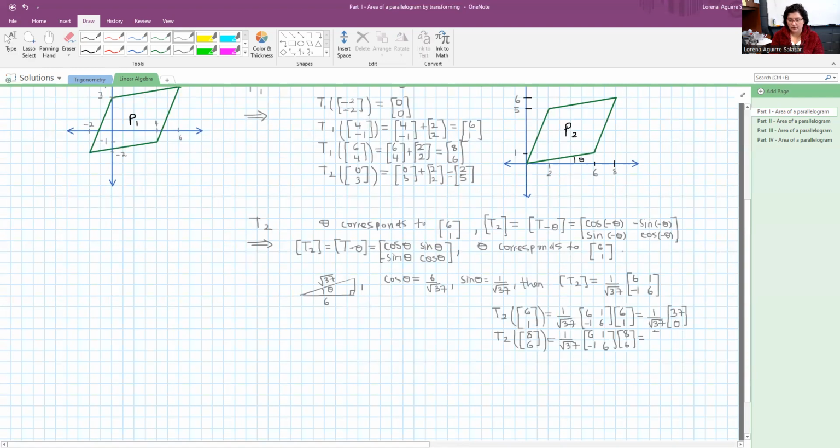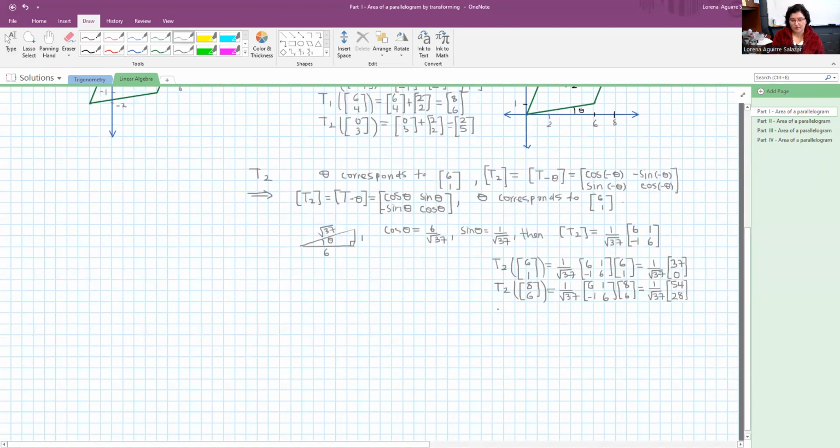And there was a root before, 1 over root of 37 times 54. And the other one is minus 8 plus 36, that's 28. So then we have that.